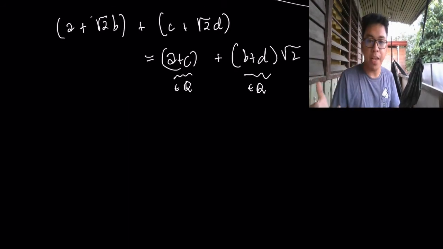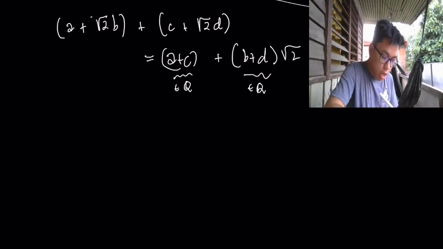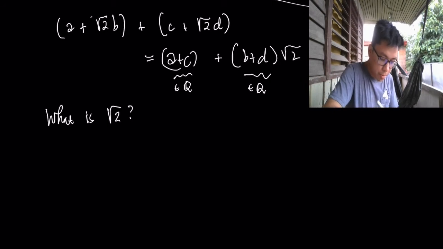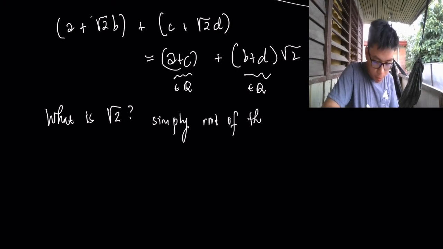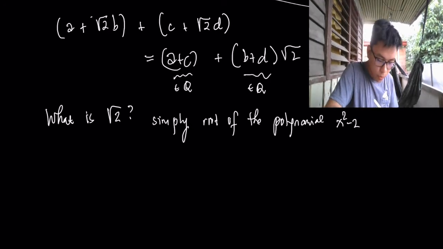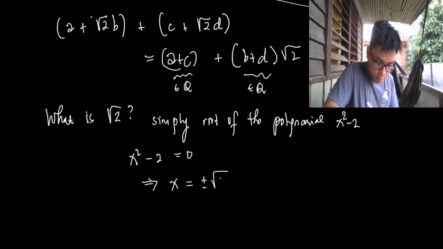Another way of seeing this field is to ask what square root of 2 really is. Square root of 2 is simply a root of the polynomial x squared minus 2. If you solve for x, you get x equals plus or minus square root of 2.